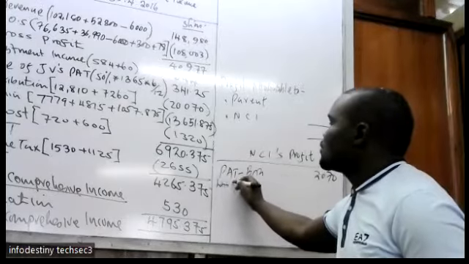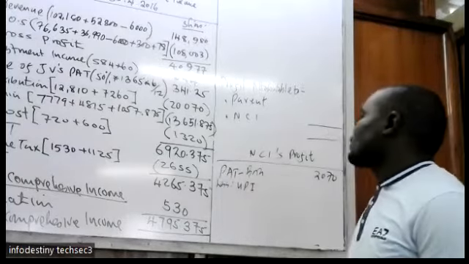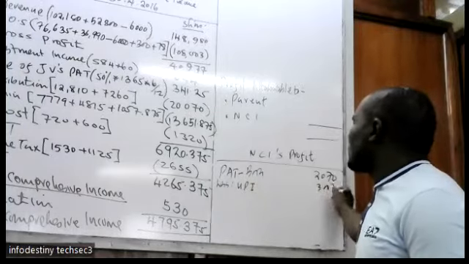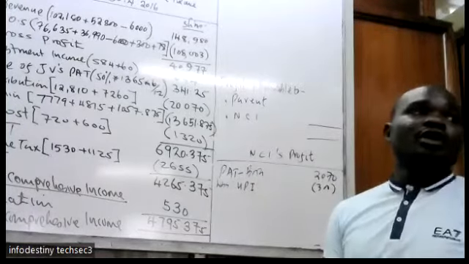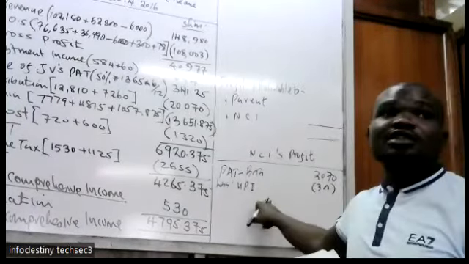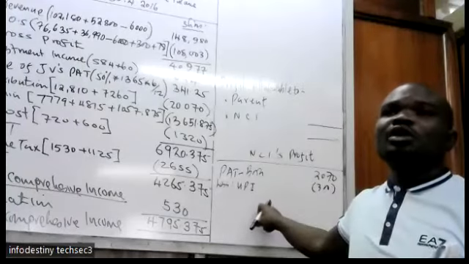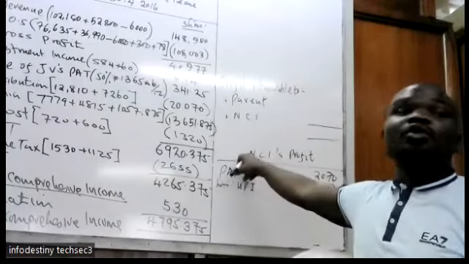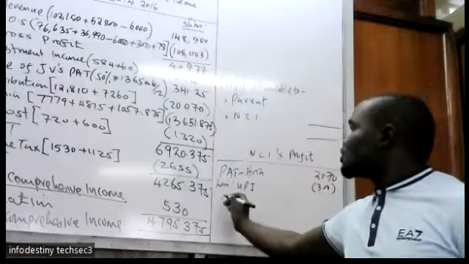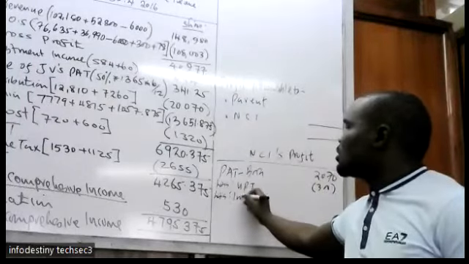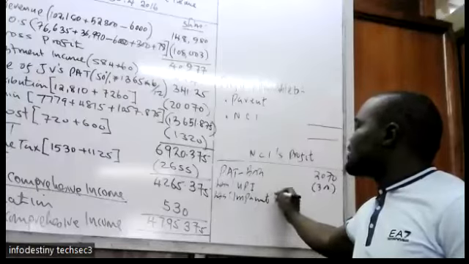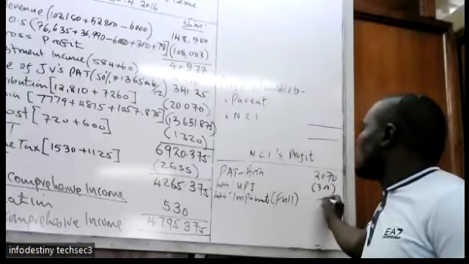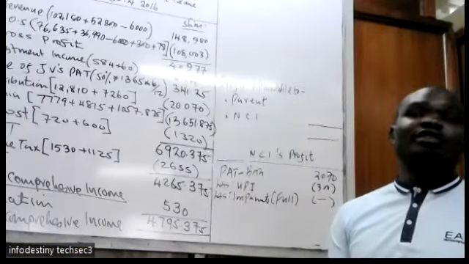So less UPI. UPI was 300. It will affect them. Impairment, I will not subtract because it was partial. NCI never participated in goodwill computation. So less impairment. Impairment, you only less if it is which method? Full. So they never participated.